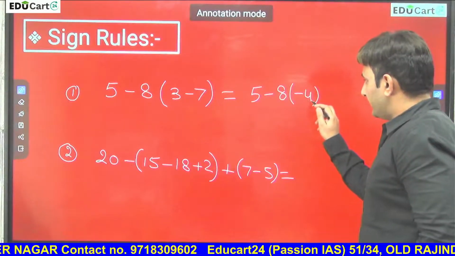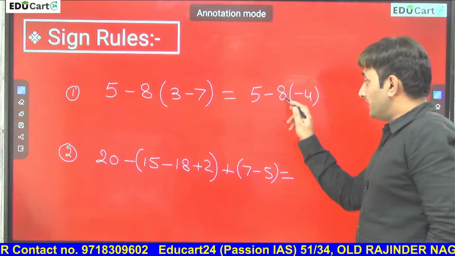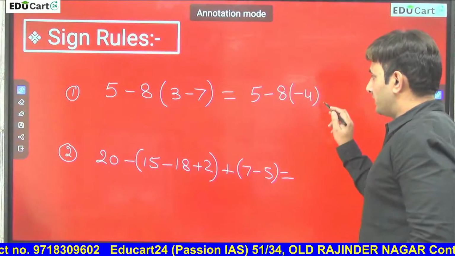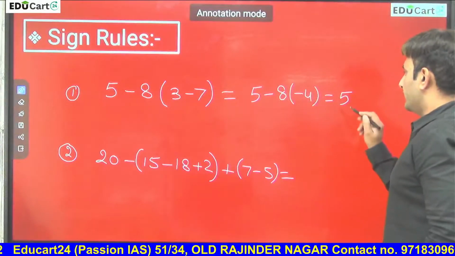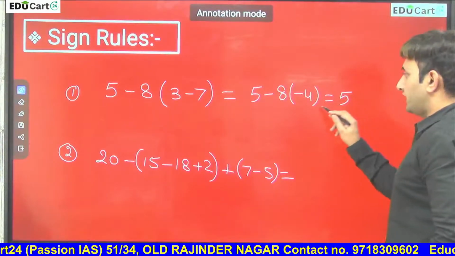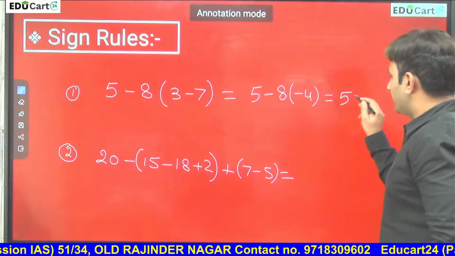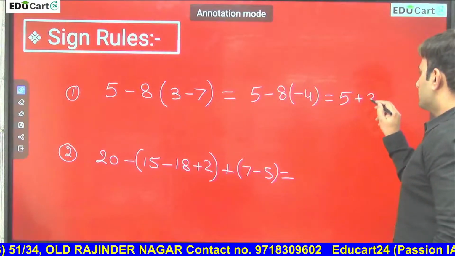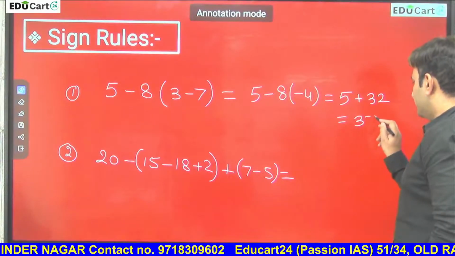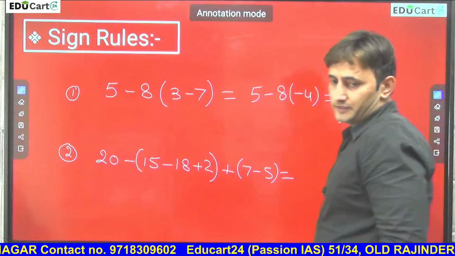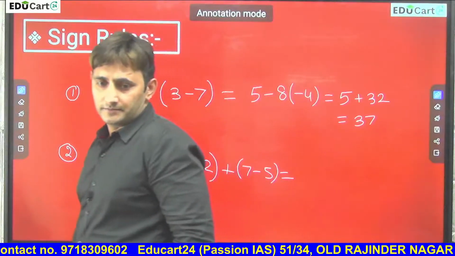Now minus 8 into minus 4, it will be plus. Negative multiplied with negative will be positive. So this will be 5 plus 8 into 4, that is 32. Now negative and negative will become positive. So 32 plus 5, answer will be 37. Got it, my dear?